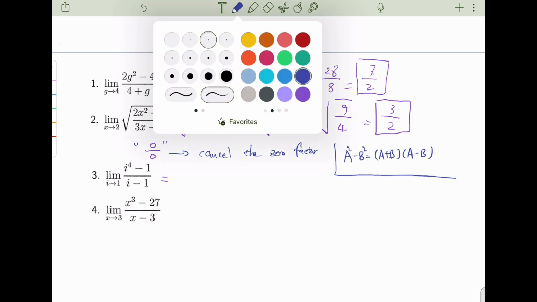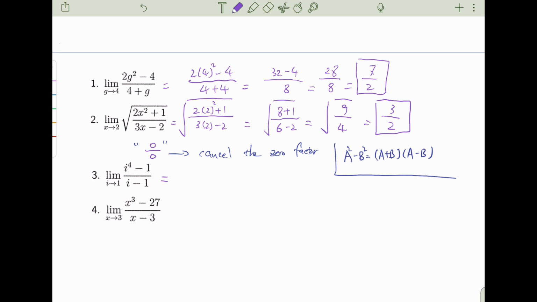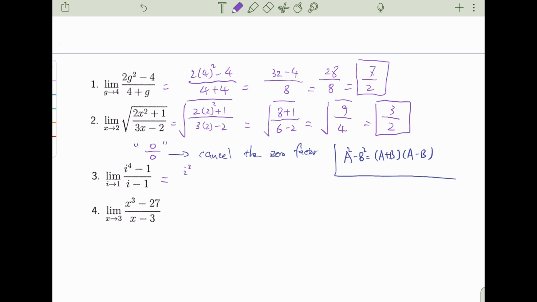What I have on top is x to the 4, which I will see as x squared, bracket squared, minus 1, divided by x minus 1, limit. Now I will use the difference of squares formula to do the factorization.